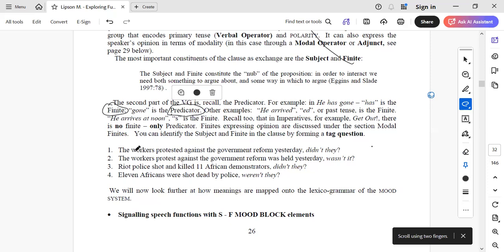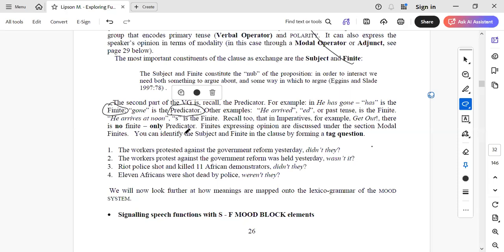For example, over here, it says the workers protested against the government reform yesterday, didn't they? Now, our focus is the predicator and the finite.